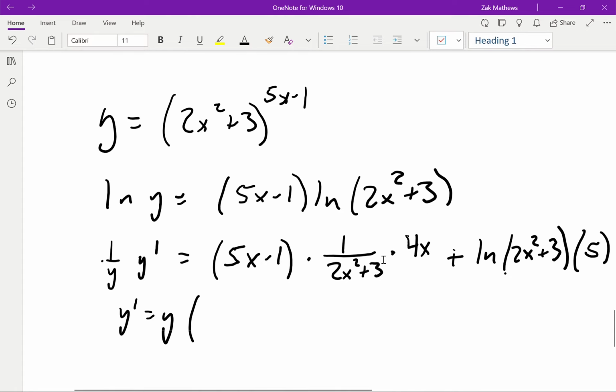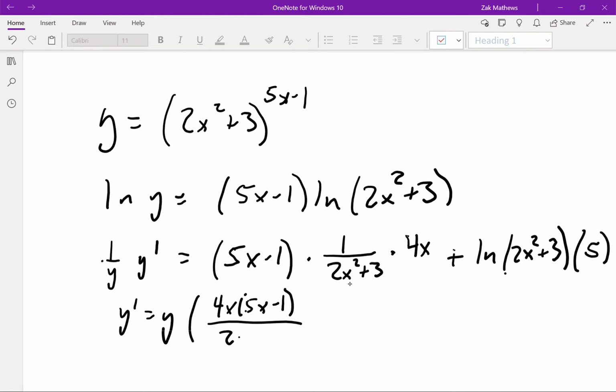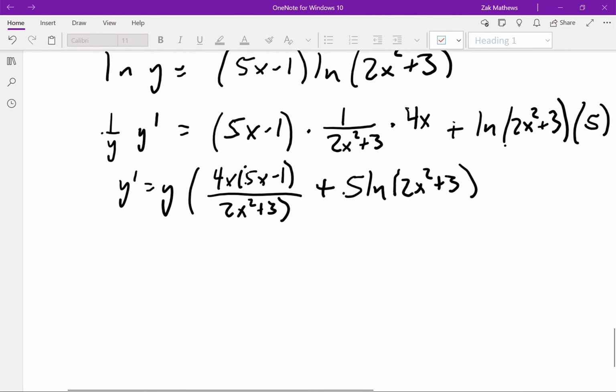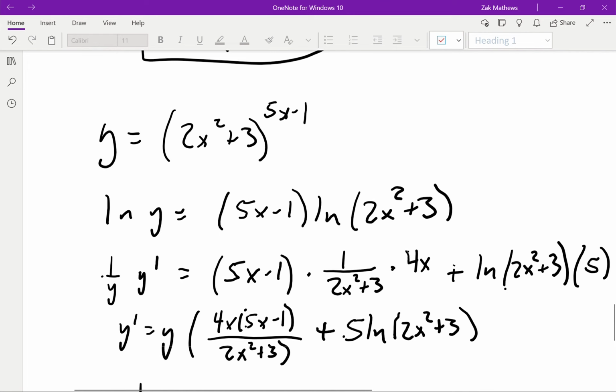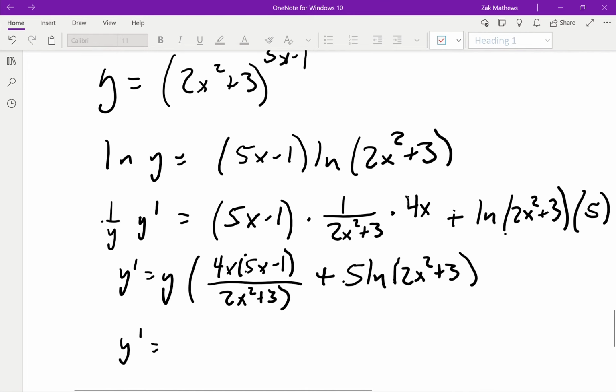Here, if we want to, we could distribute the x. We don't necessarily need to. I don't care if you do. So I'd have 4x times 5x minus 1 all over 2x squared plus 3 plus 5 natural log of 2x squared plus 3. I also need to rewrite that y in there. So remember that the y was 2x squared plus 3 to the 5x minus 1.